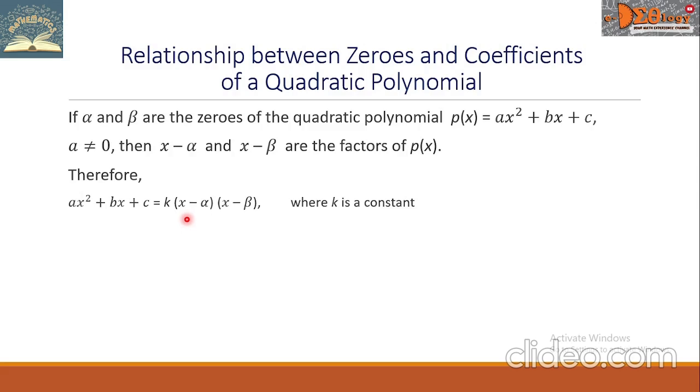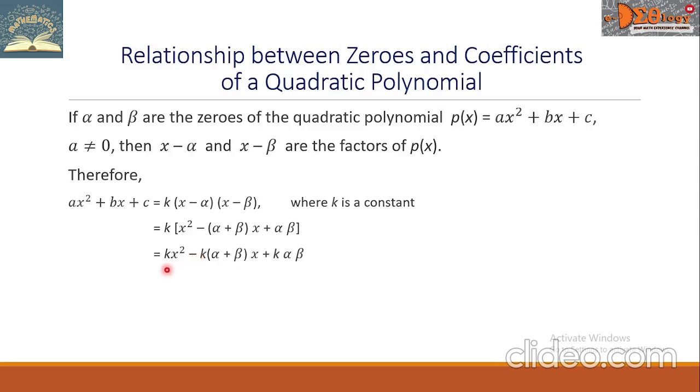Let us multiply x minus alpha by x minus beta, and it will be like this. K, the constant outside, we have x squared minus the quantity alpha plus beta times x plus alpha times beta. Now, this k outside, let us distribute to all the terms inside.